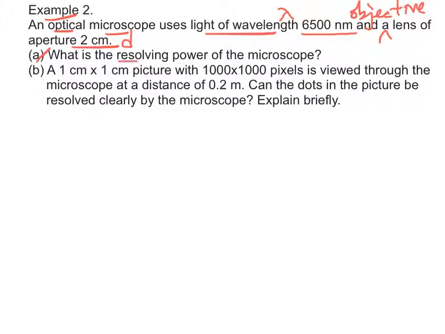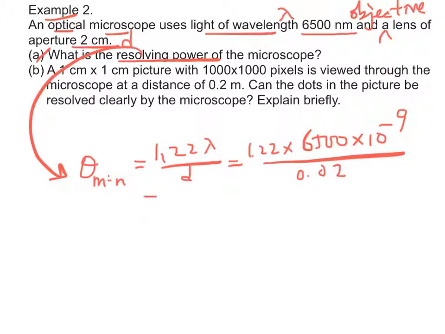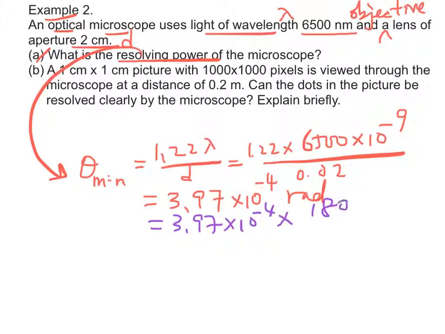Part A, find the resolving power of the microscope, that is, to find theta minimum, which is equal to 1.22 lambda over d, equal to 1.22 times 6500 times 10 to the power negative 9 over 0.02, which is equal to 3.97 times 10 to the power negative 4 radian, which is equal to 3.97 times 10 to the power negative 4 times 180 over pi degree, which is equal to 0.0227 degree.